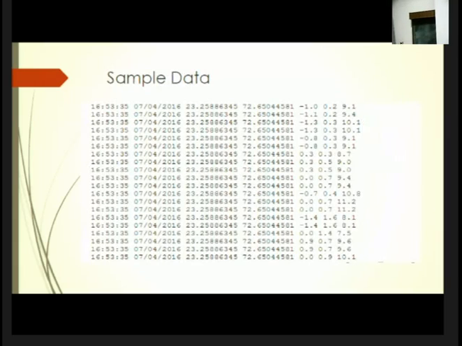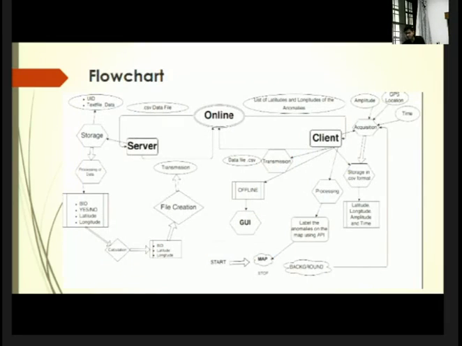So this was the sample data which we collected. The first two are timestamps, then there are GPS readings, latitudes and longitudes, and then accelerometer readings in three axes X, Y, Z. So this was the flowchart. There were two components, server and client.